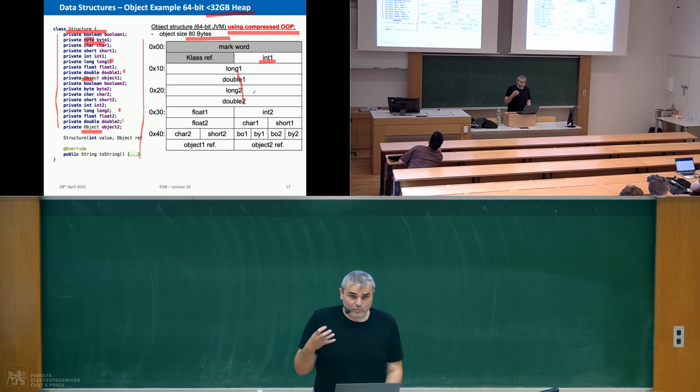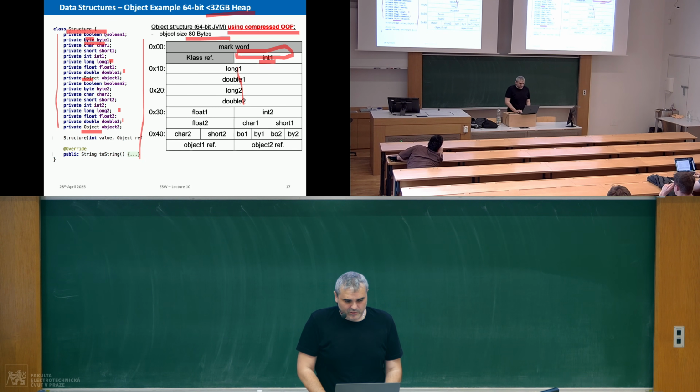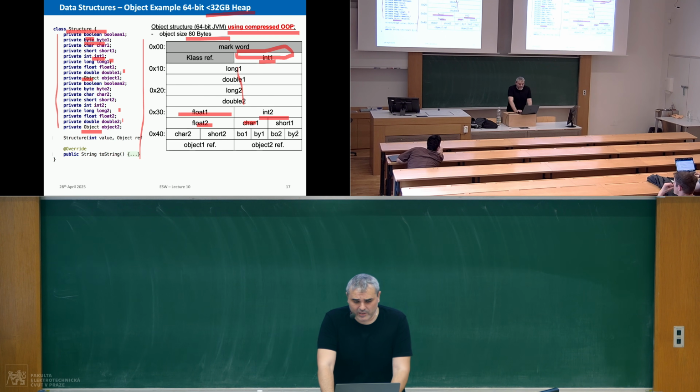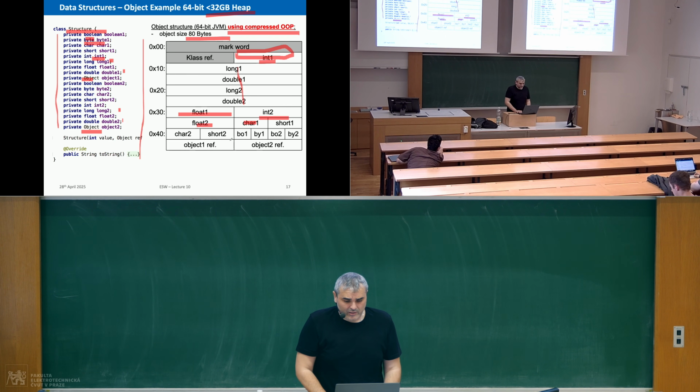First, it tries to group them together with one exception, because there was a gap here, 4 bytes. So the first 4 byte or 2 byte or 1 byte content is inserted here. That was the integer one. And then filling with the 2 byte content, or 4 byte content, 2 byte content, 1 byte content, and finally the references are there. So that's how the content is organized.